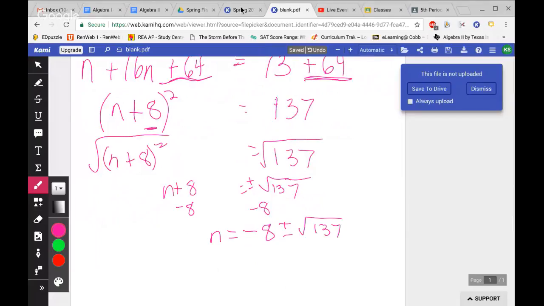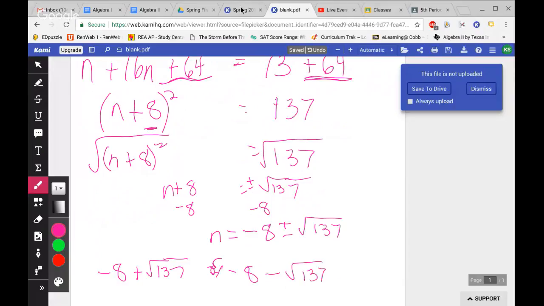If I wanted to write them out in longhand, they would look like this: -8 plus the square root of 137, or -8 minus the square root of 137.